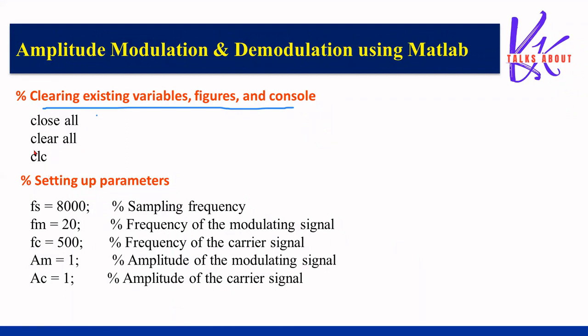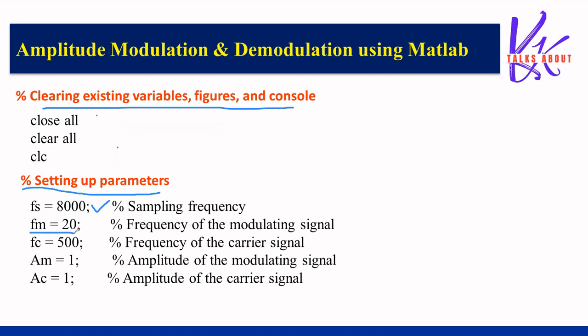After that, we are going to set the parameters. These parameters are going to be used in generating the carrier wave, message signal, and modulated wave. First, we define a sampling frequency, which is used in getting the time vector.